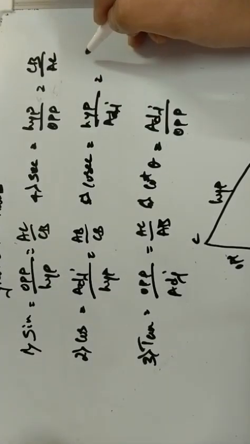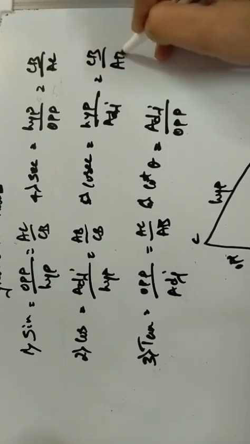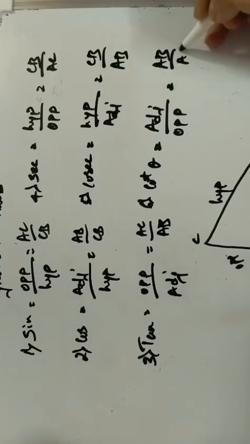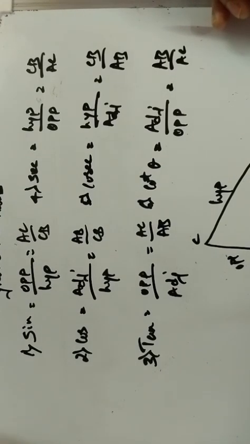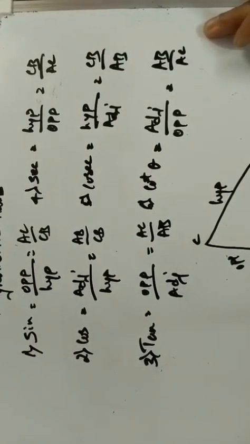Similarly, for cosecant theta, it is CB by AB, and for cot theta, it is AB by AC. Please find, are there any other permutations possible in this diagram? It is very clear that there are no permutations or combinations pertaining to this diagram anymore other than these six.